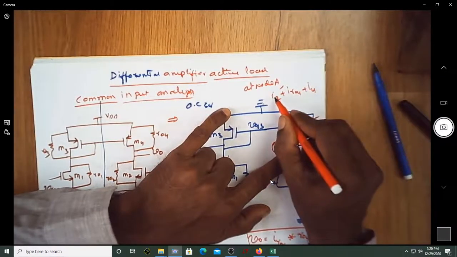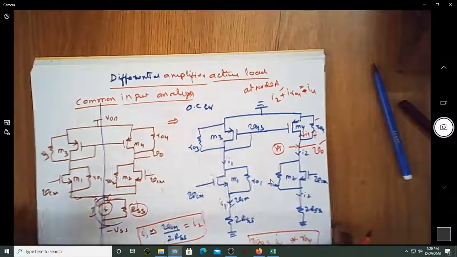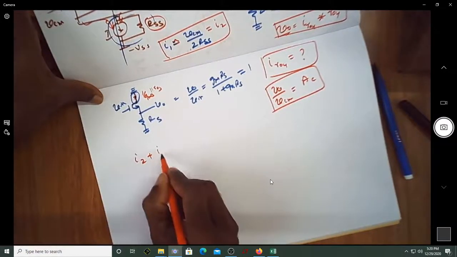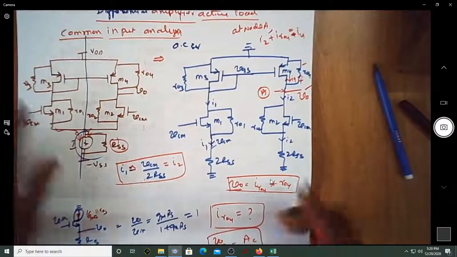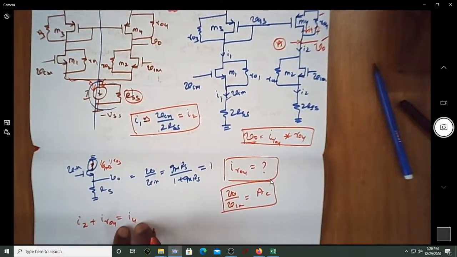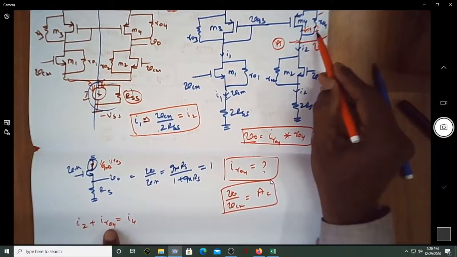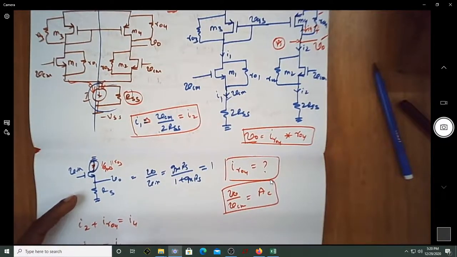These two currents are leaving, and this is equal to the current that is entering. So I have the expression I2 plus IR04 equal to I4. But I'm interested in IR04, which is now equal to I4 minus I2.